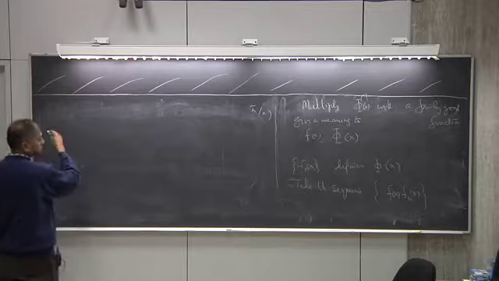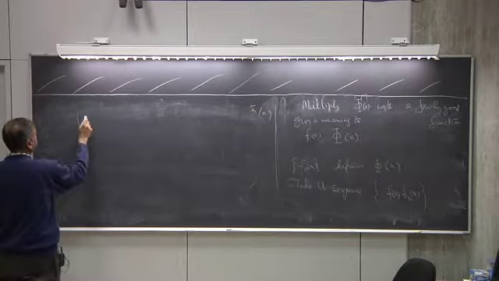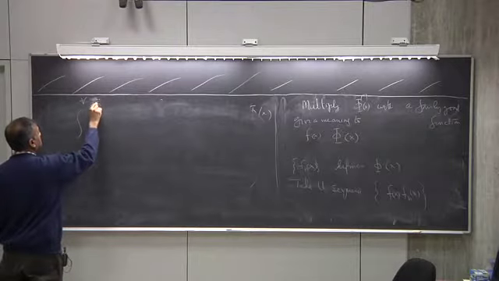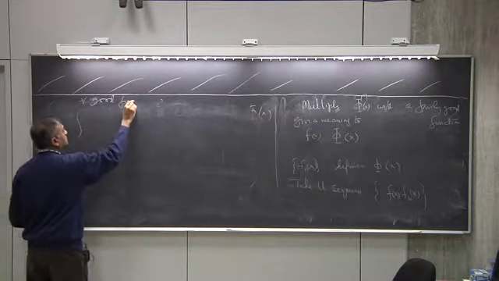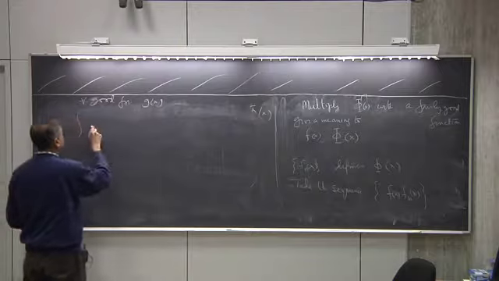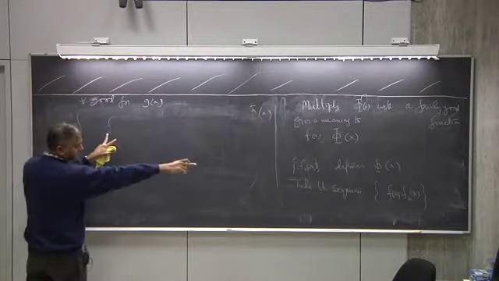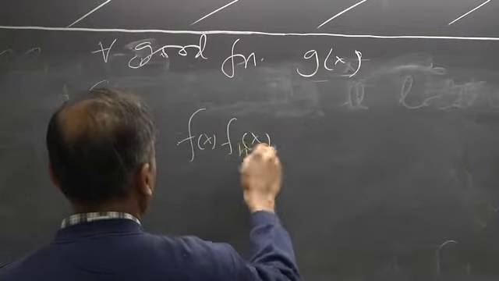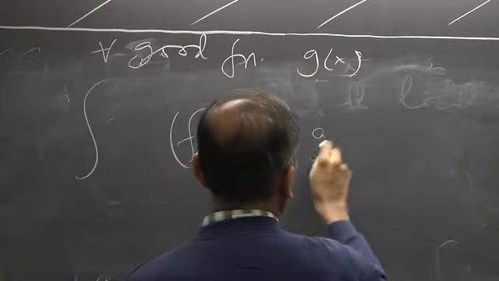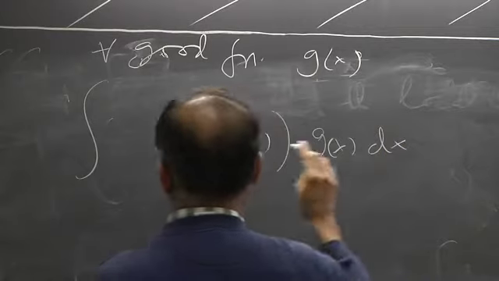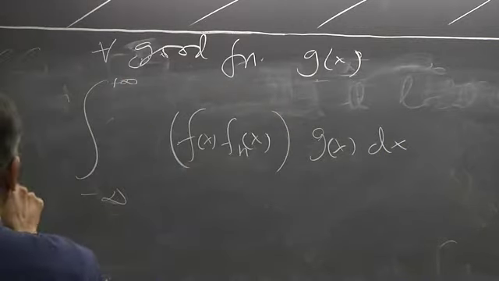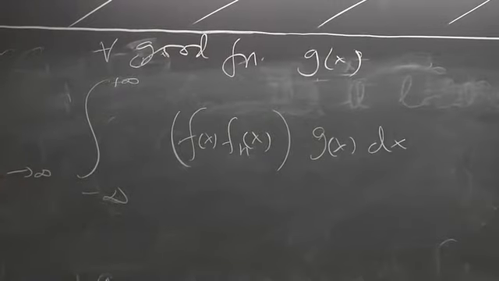So we are asking: if I take any good function g(x), and take the element of the sequence which is f(x) times f_n(x), multiply this by g(x) and integrate, does the limit exist? That's the question.